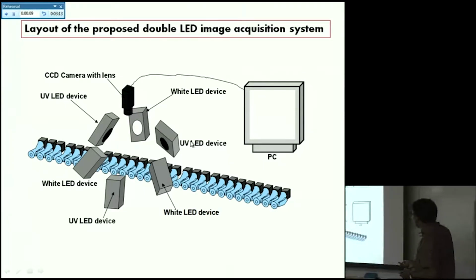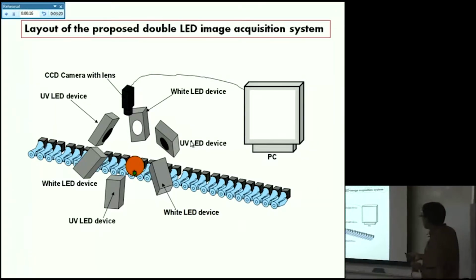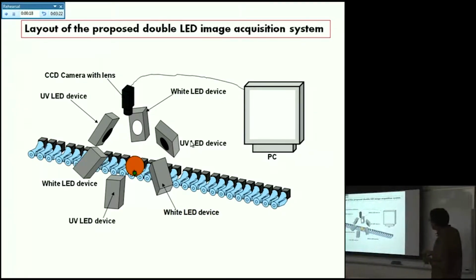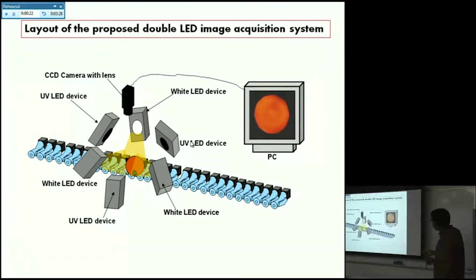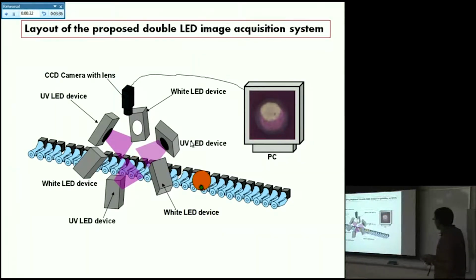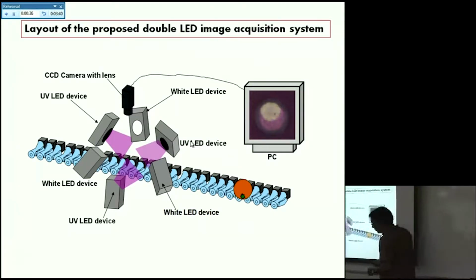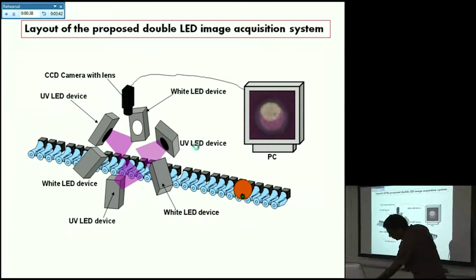If you see here, the system illuminates the fruits on the moving conveyor with white and UV LEDs, and acquires color and fluorescence images simultaneously. These fluorescence images are stored for further image processing to detect the defects.